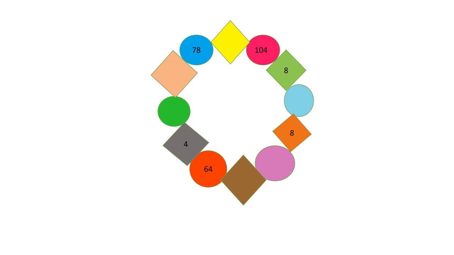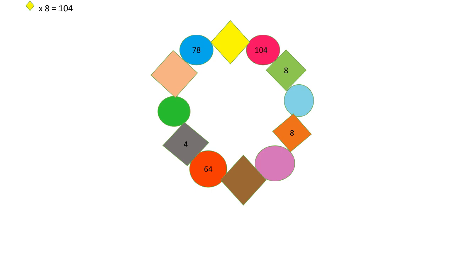So that means when we multiply the number in the yellow box and 8, the product of these two should be 104. So in the yellow box there should be some number which, when multiplied by 8, gives 104.